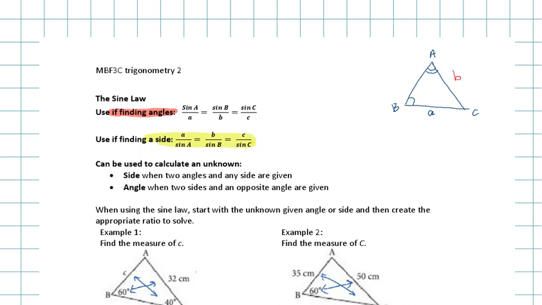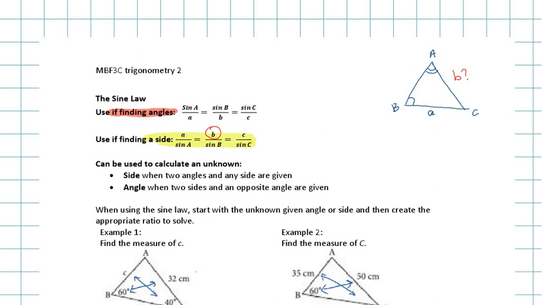Because I know side A, and I know sine A, because I know the angle. I don't know side B, but I know sine B. So you have three things, and you're looking for one. We'll look at an example, and when we look at the example, it will make sense. You have to know these rules.